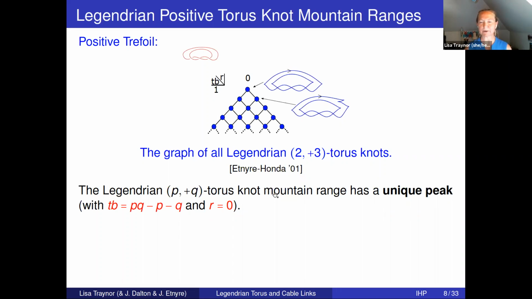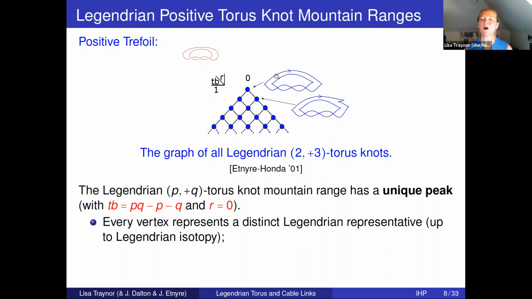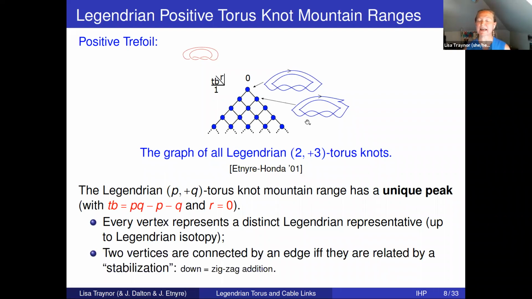This mountain range records all the different Legendrian representatives, and it's simple in the sense that TB and R determine all of them. Every vertex represents a different Legendrian trefoil in this case, or in general a (P, +Q) torus knot, and the lines are the zigzag relation.